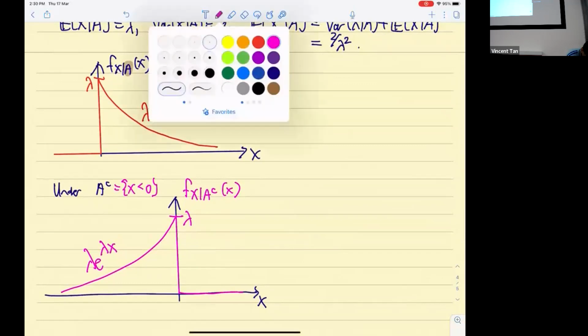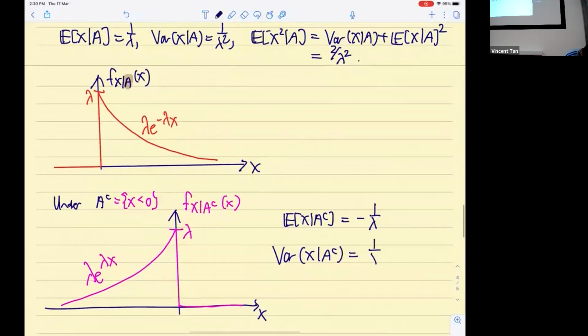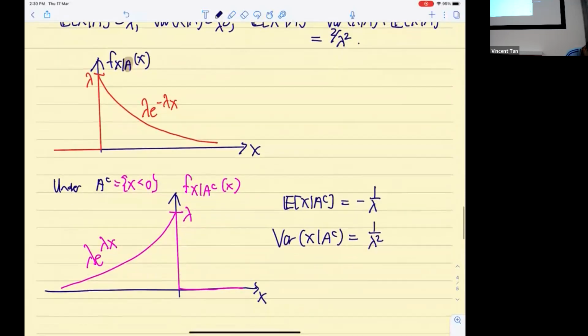So what are its statistics? The expectation of x given A complement: if the expectation of the previous one is 1 over lambda, by symmetry the expectation must be minus 1 over lambda. Now the variance is the same. The spread is also 1 over lambda squared, because if I flip a random variable around the axis, the variance does not change.